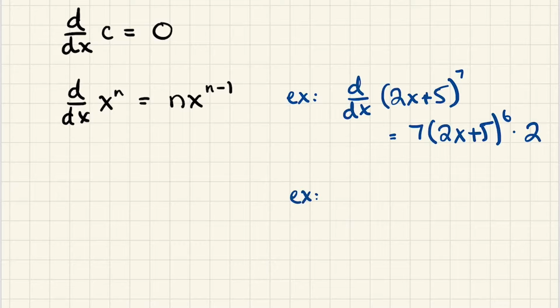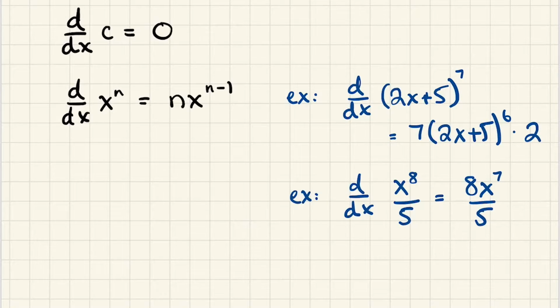Another quick example here, the derivative of, say, x to the 8 divided by 5, okay, is equal to 8x to the 7 over 5. And the reason I'm bringing this up as an example is because a lot of people ask me on the first day of class, why didn't we use the quotient rule right there?